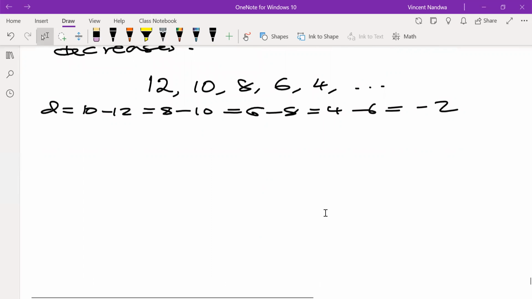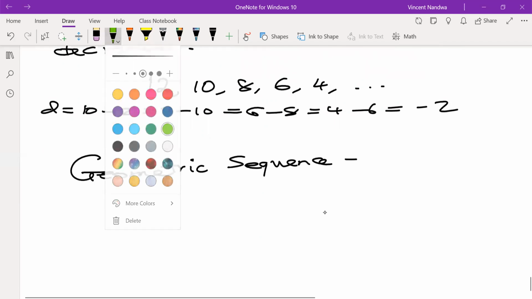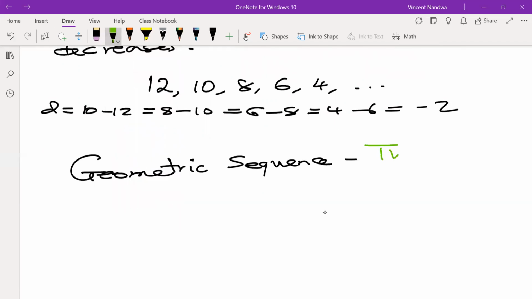Then let's define what we call a geometric sequence. A sequence in which the ratio of any two consecutive terms is a constant is called a geometric sequence.